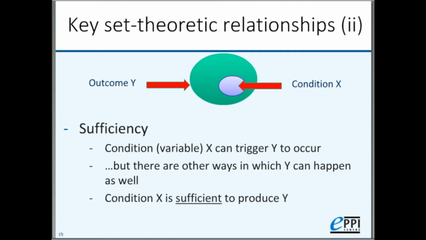So for example, having a son is a sufficient condition for being a parent, but we also know that having a daughter is sufficient to being a parent. So when we see this kind of relationship, we're saying that it's a relationship of sufficiency. Within systematic reviewing, our focus is more on identifying sufficient relationships than necessary relationships.